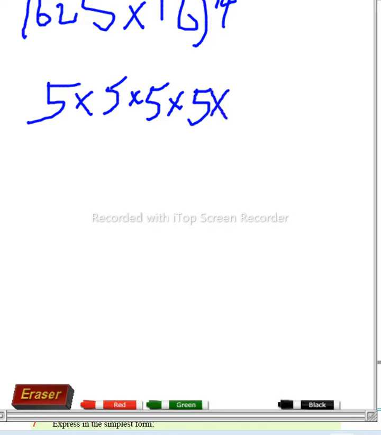Again, 16 means 2 times 2 times 2 times 2.